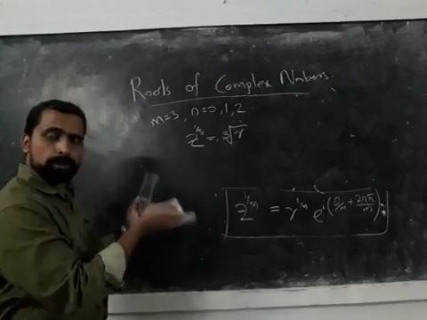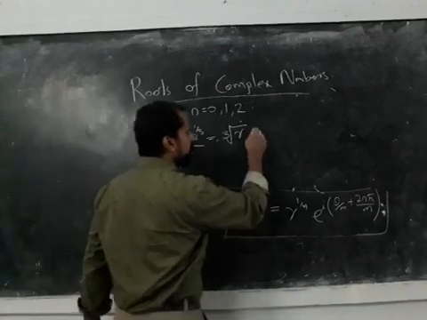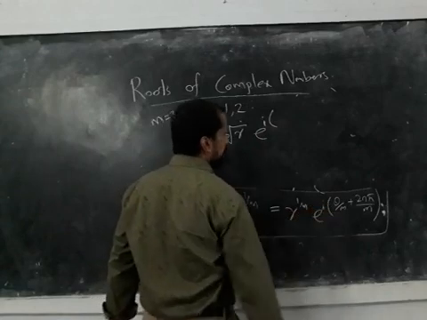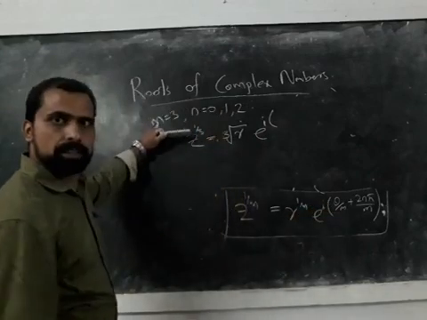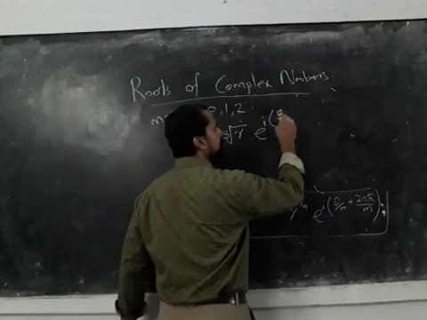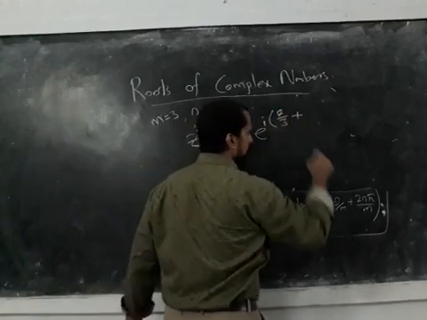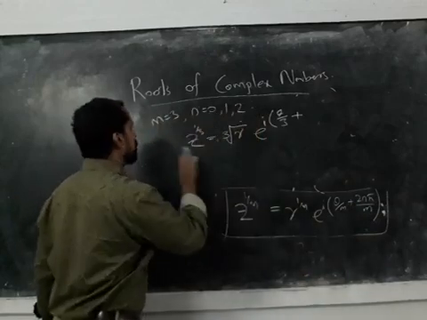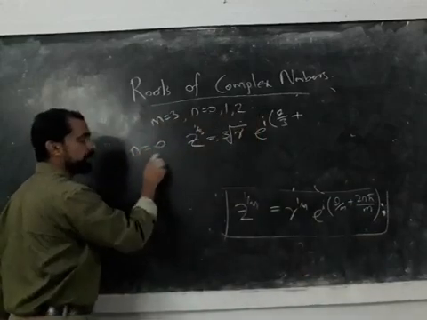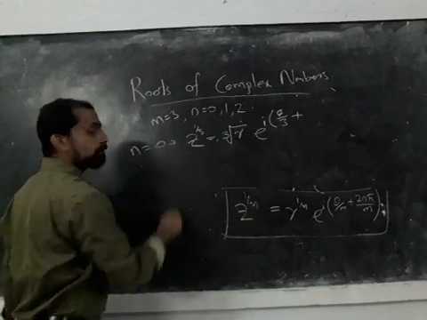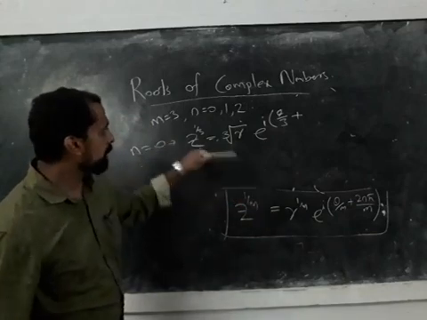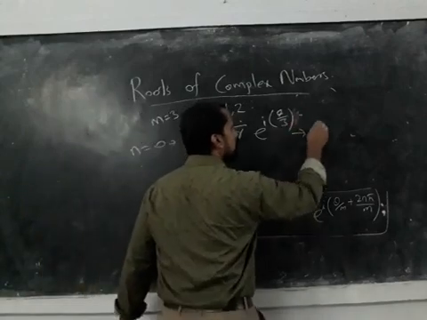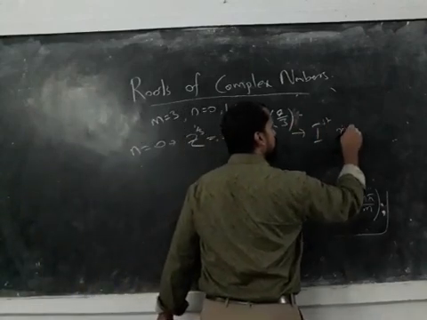I am just doing it for a general case. With n equal to 0, the term goes, and this is the first root.